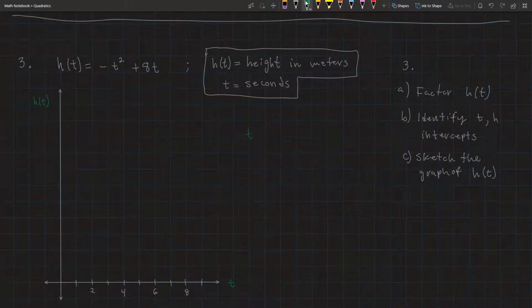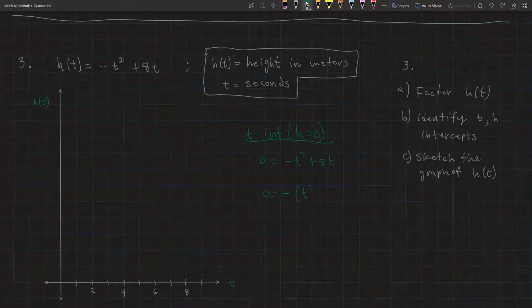Let's solve for the t-intercepts. T-intercepts means like when in the previous problems we were trying to solve for x. And that's when h equals 0. The other axis is equal to 0. So we can say that 0 equals negative t squared plus 8t. Let's factor out. There's no GCF other than a negative 1.